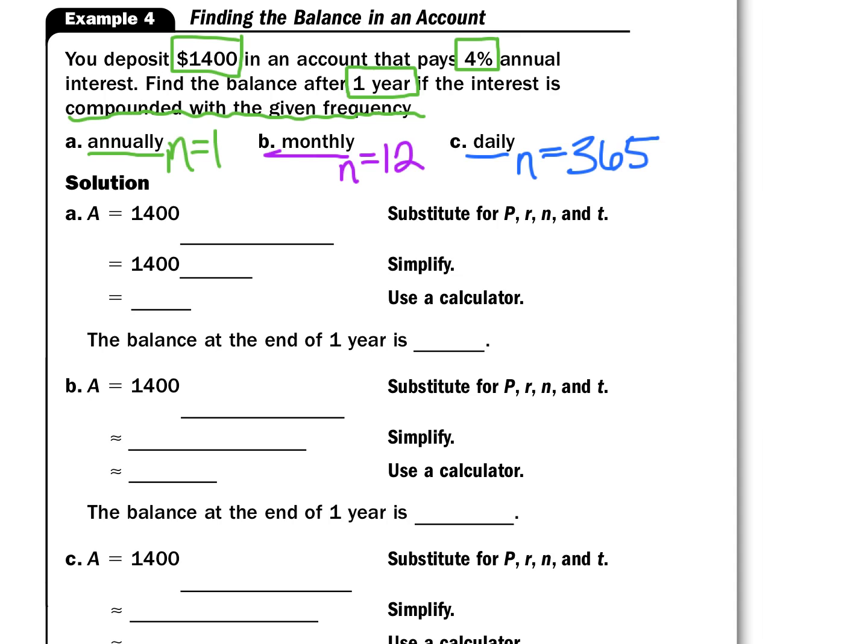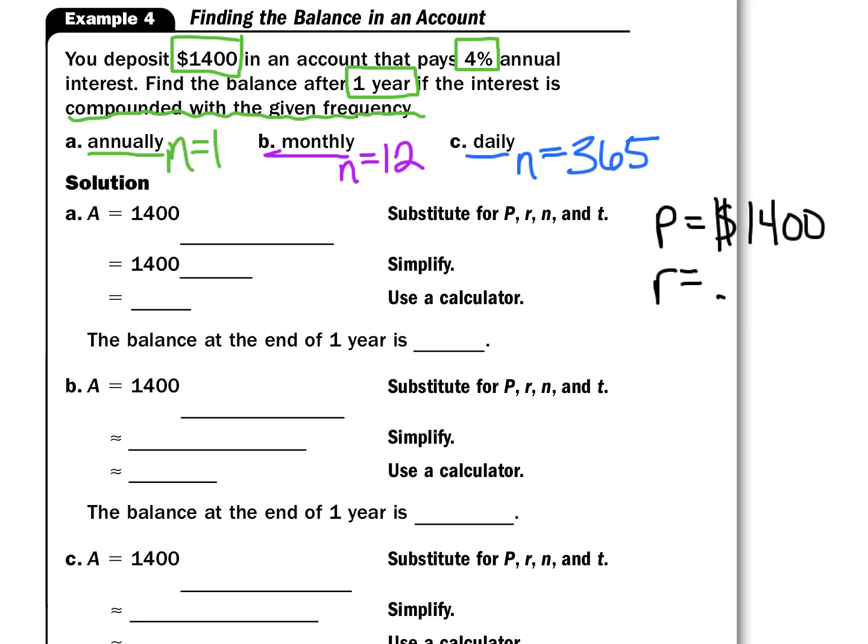Okay, so now I'm going to go ahead and write down all of our pertinent information over here on the side, okay, so that we have it available to us. So we have P is equal to $1,400.